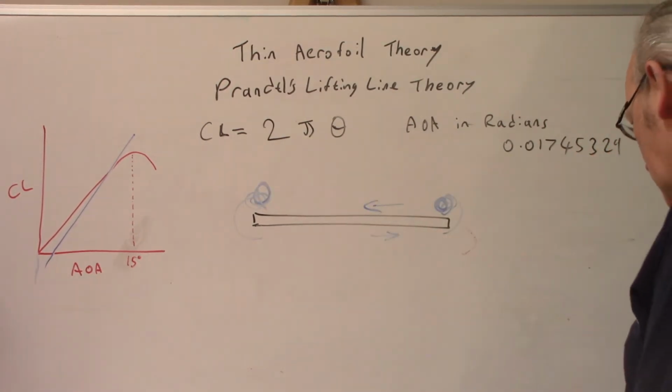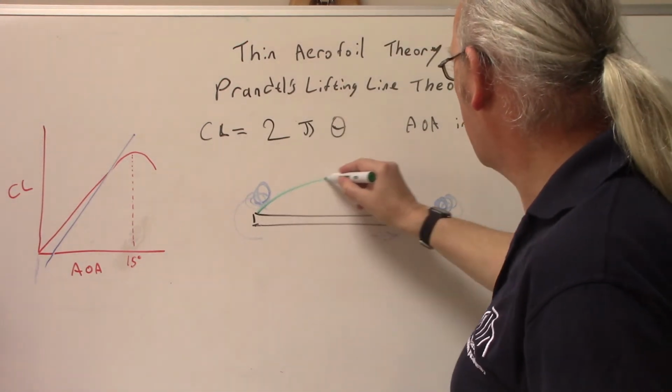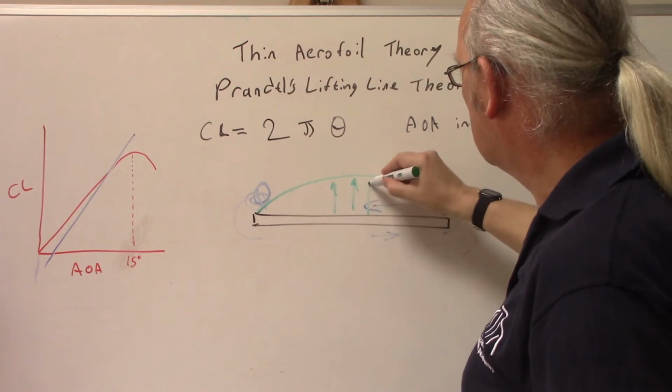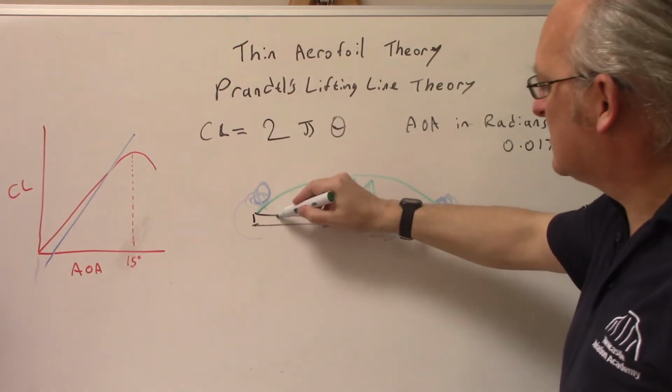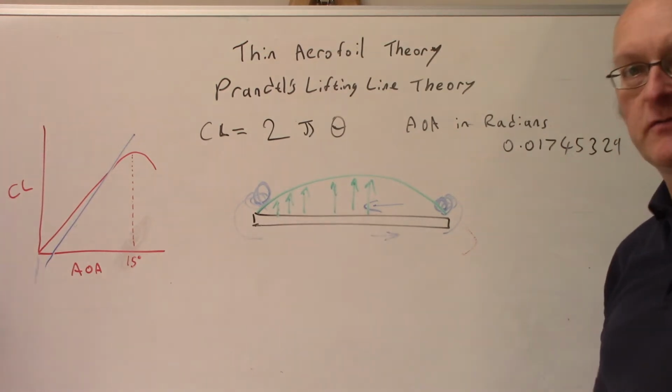And what that does to our lift is, if we draw a picture of that, you find that you're getting that. So that's how much lift you've got in the centre of the wing. Towards the tip of the wing, because of the induced drag, you get less and less lift.